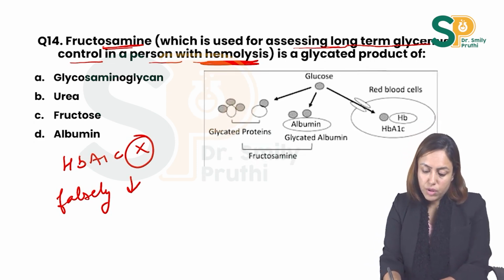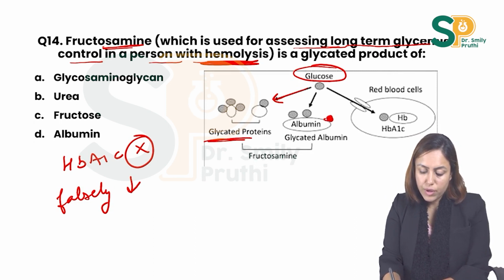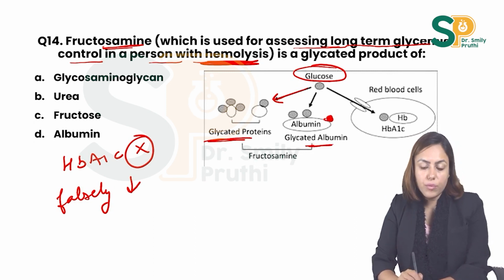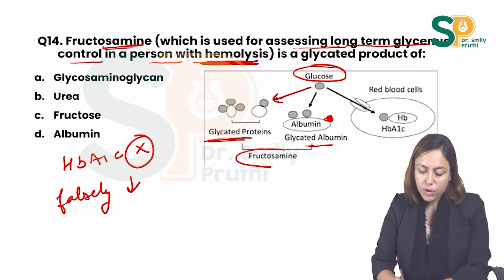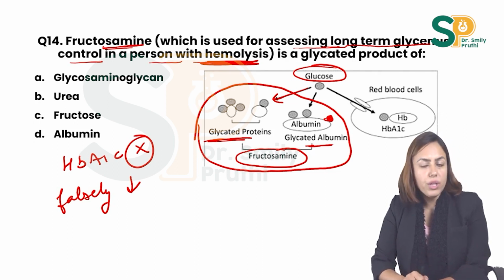So look here. When glucose is attached to some proteins, these are glycated proteins. Glucose can be attached to albumin, called glycated albumin. And the term fructosamine is given to this category. Any glycated protein, especially albumin, is fructosamine.